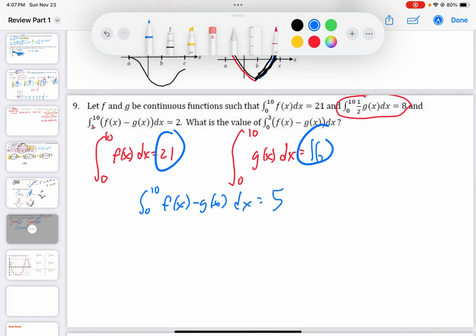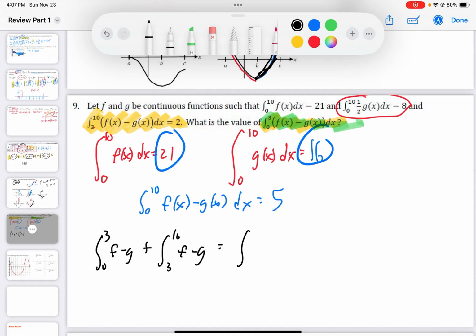So the whole thing, so this would be, highlighter. So first part is this one, from 0 to 3. The integral from 0 to 3, I'm going to be lazy, I'm going to say f minus g, plus the integral from 3 to 10 of f minus g, is equal to the integral from 0 to 10 of f minus g.